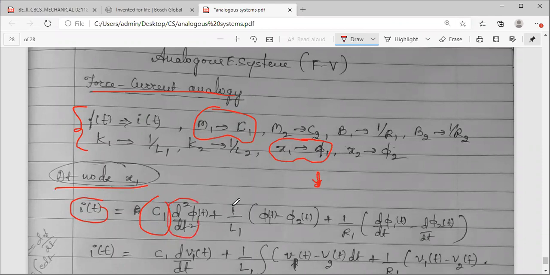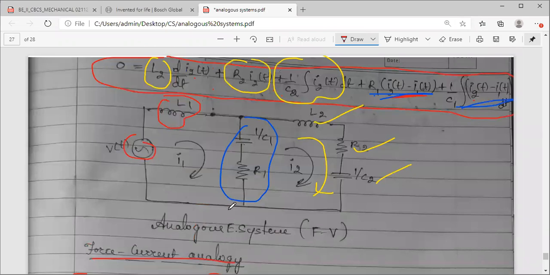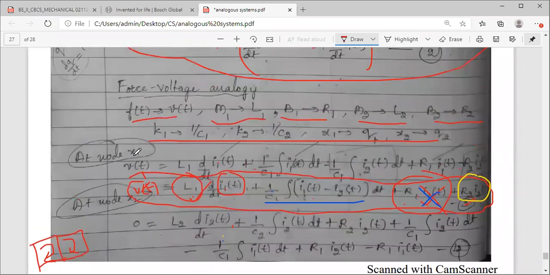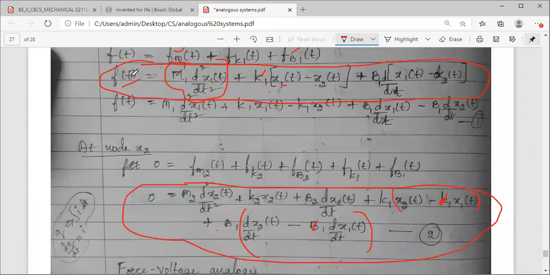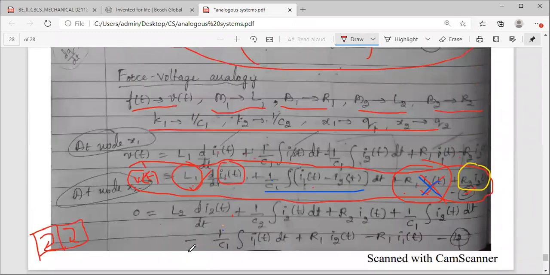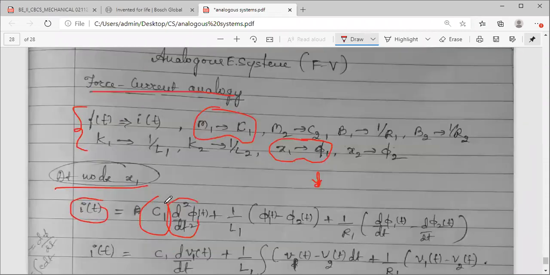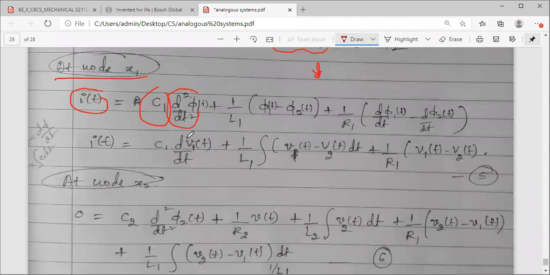So I have substituted. So hopefully no need to scroll every time. These two equations, at node, sorry not here, not first node, x1 and x2 nodes, the analogous quantities in the force current analogy, I have written them. See, this is your first equation I got. C1 d by dt square, if you split this, d by dt of d by dt, okay, split this, of phi1.